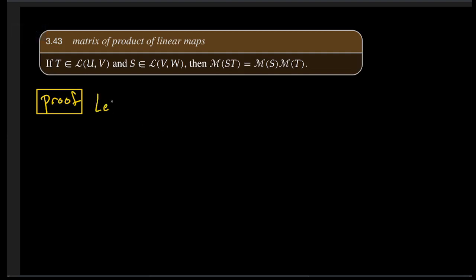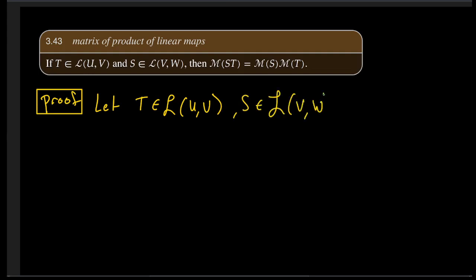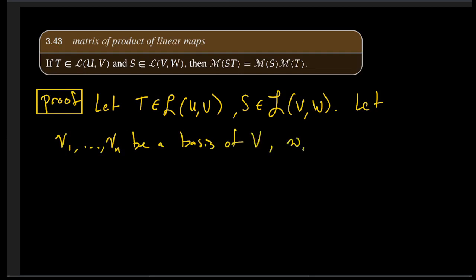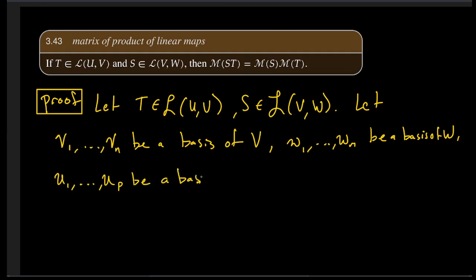So let's let T be a linear map from U to V, S be a linear map from V to W. Let's let V1 through, say, Vn be a basis of V. Let's let W1 through Wm be a basis of W. And let's let U1 through, say, Up be a basis for U.